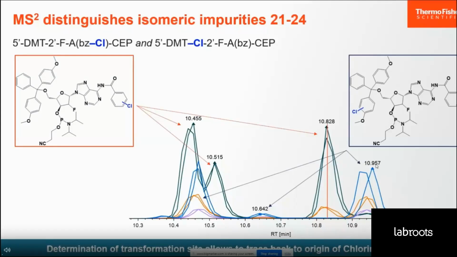So the good news is all these peaks would be considered non-critical. They are reactive, but upon the synthetic process, either the DMT group is lost or the base protection is lost, and would result in the correct full-length product.